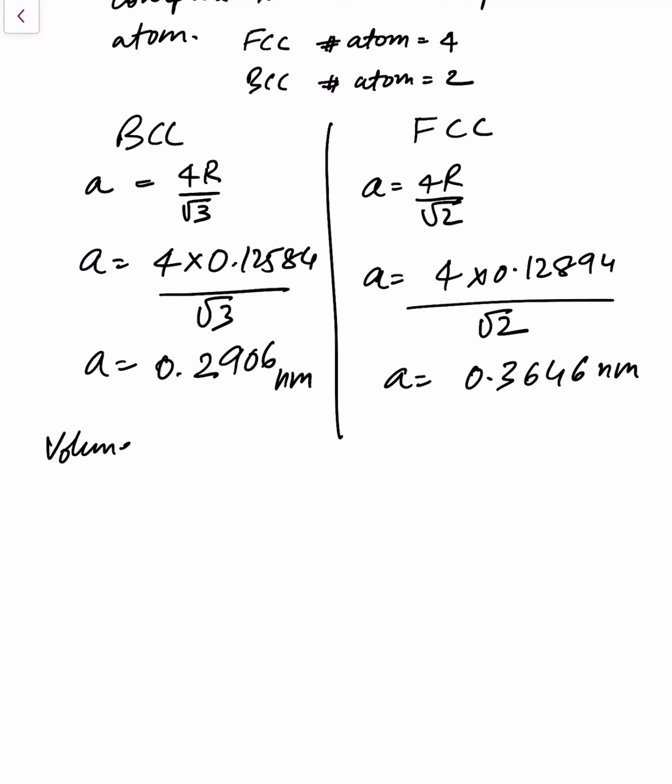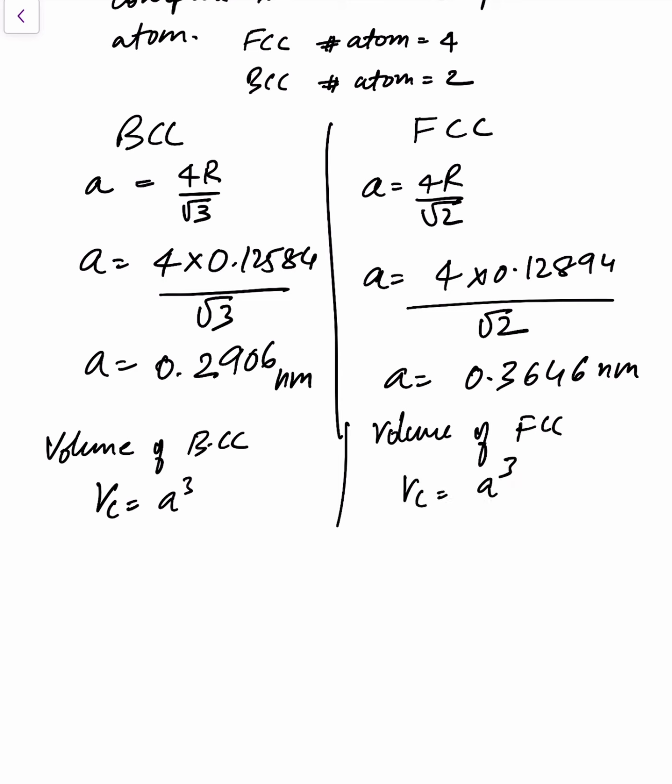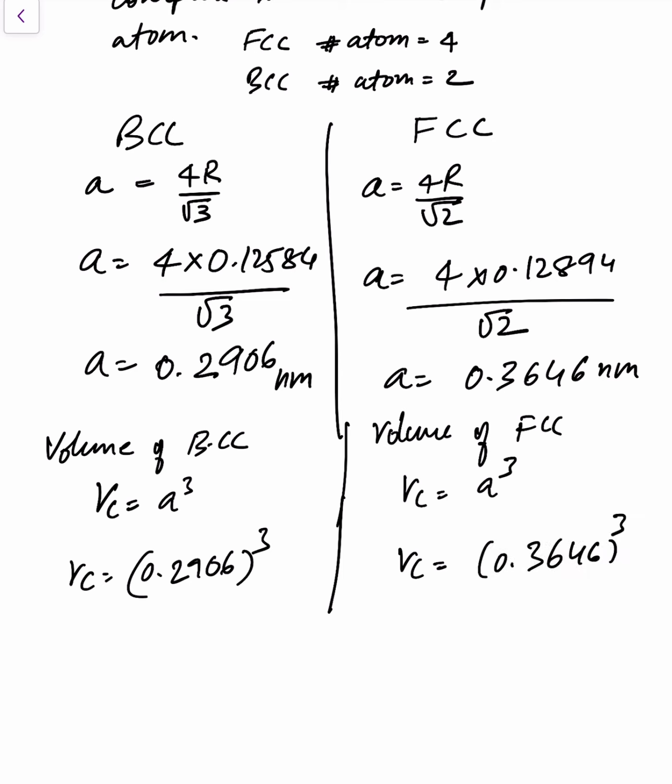And so we already found the lattice parameter for a unit cell, and therefore we can find the volume of BCC, which is equal to V_c, or the volume of a unit cell, and that will be equal to a cubed. And similarly, the volume for FCC will be the same thing. Okay, so volume is 0.2906 cubed, and volume here is 0.3646 cubed.